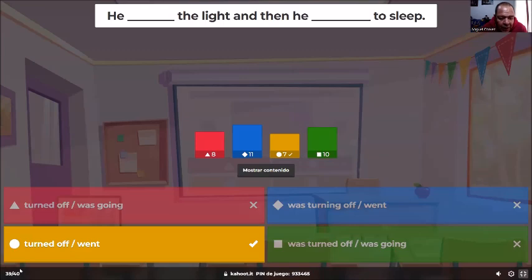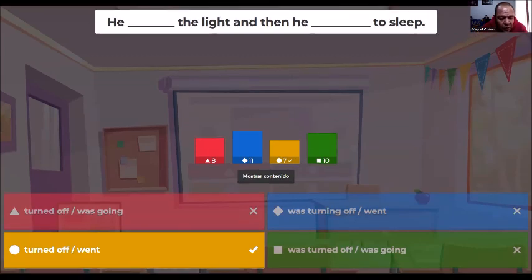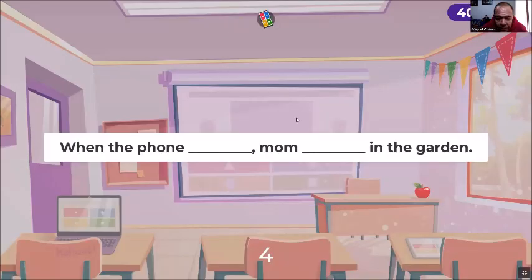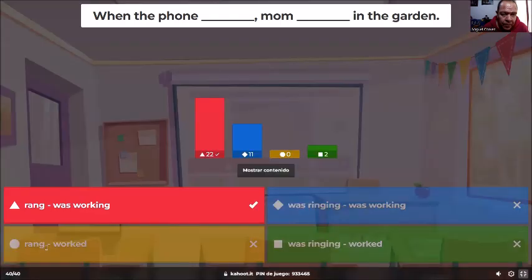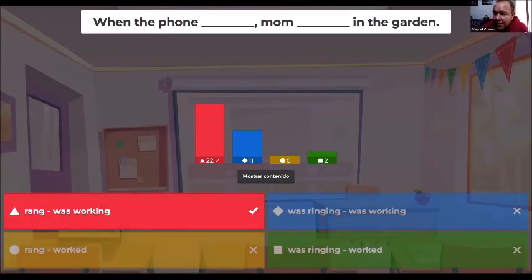He turned off the light and then he went to sleep. When the phone rang, Mom was working in the garden.